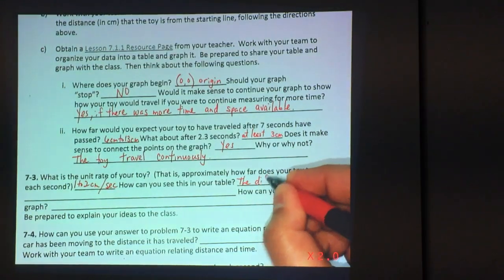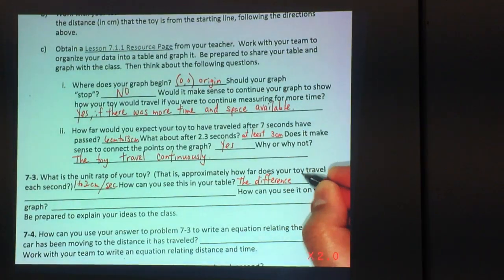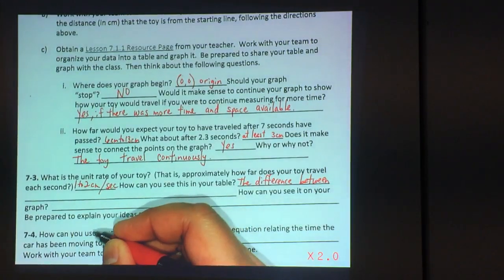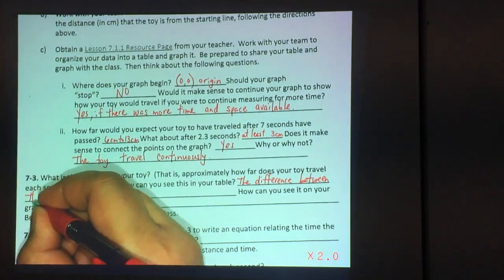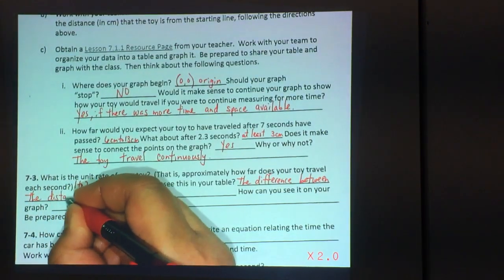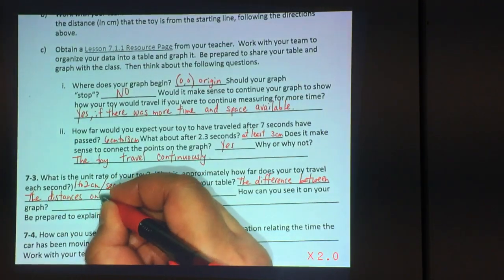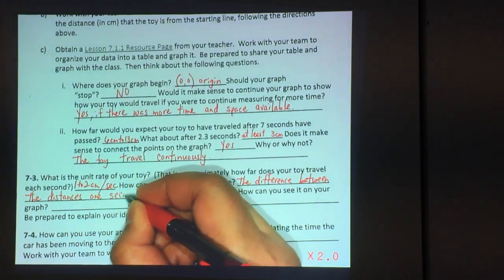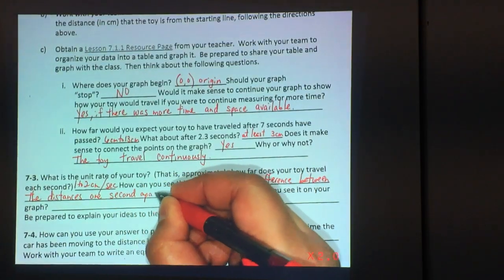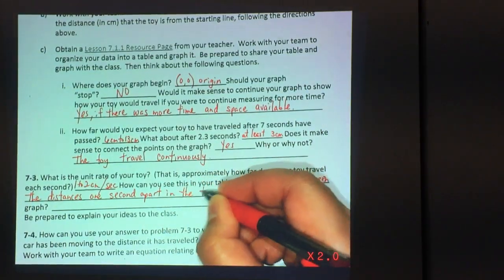It's the difference between the distances one second apart in the table.